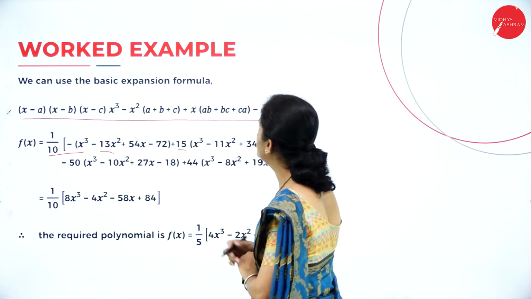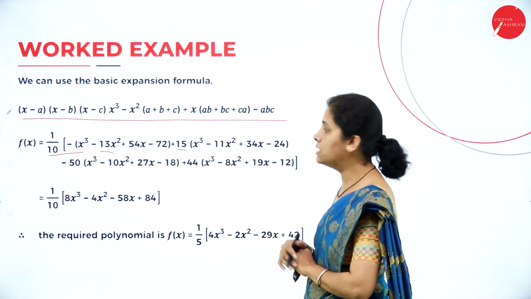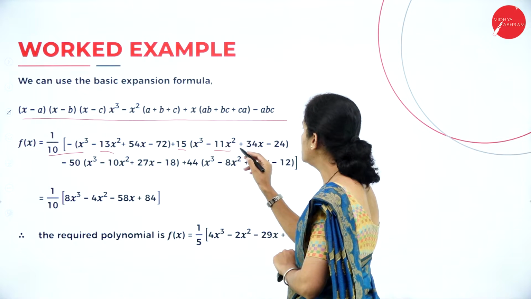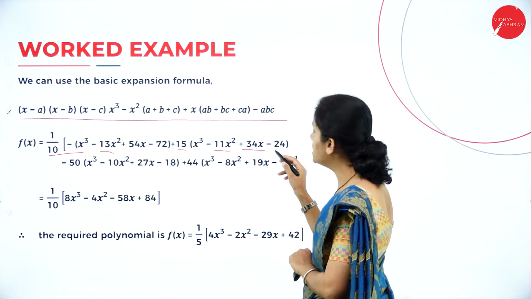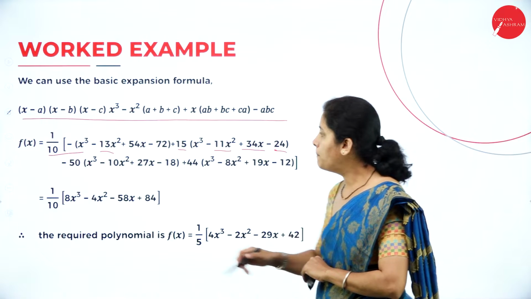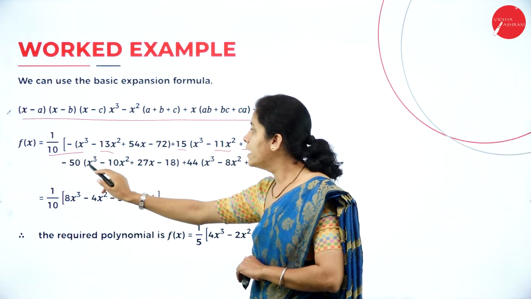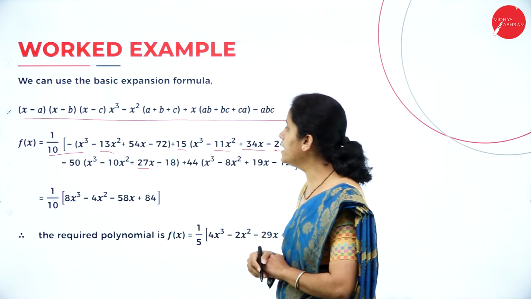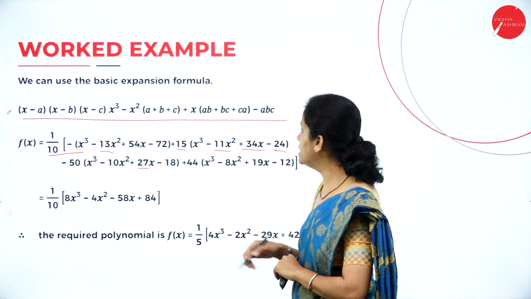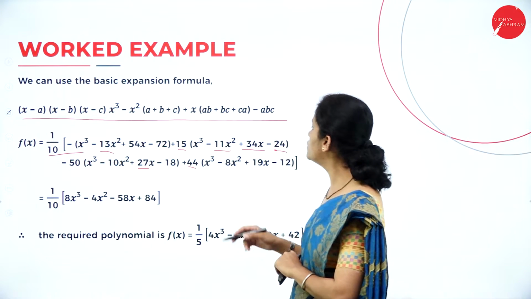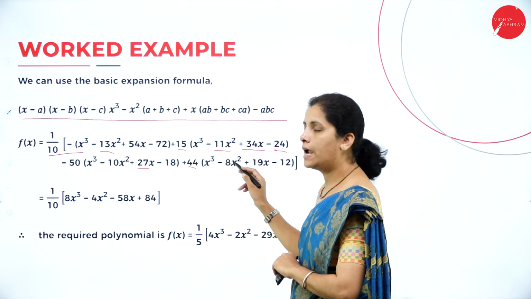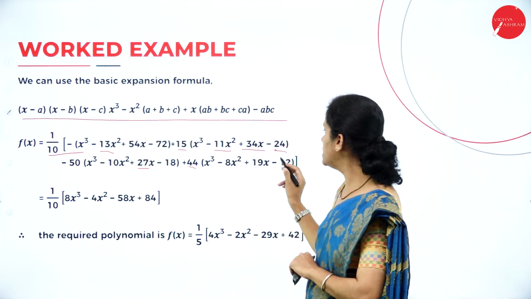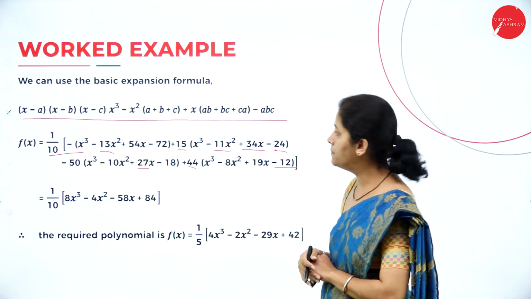Now here 15 of x cube minus 11x square plus 34x minus 24, minus 50 of x cube minus 10x square plus 27x minus 18, plus 44 of x cube minus 8x square plus 19x minus 12.